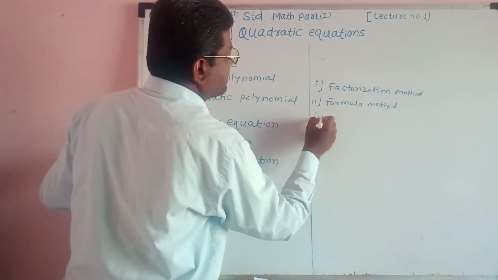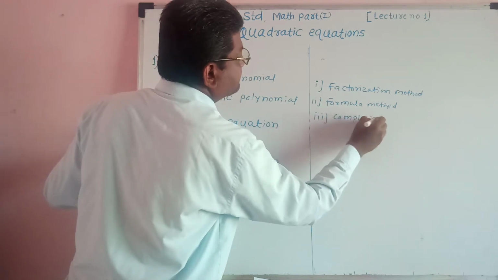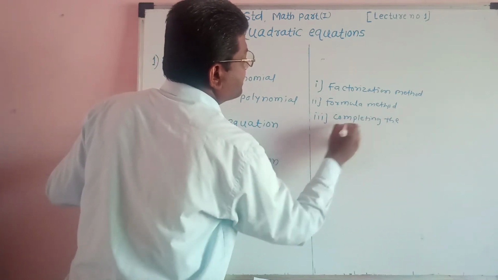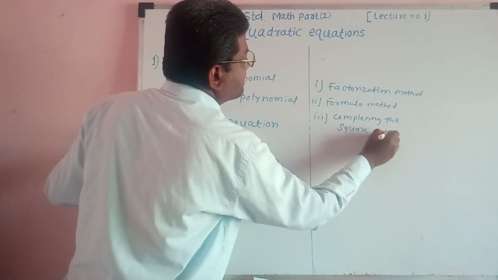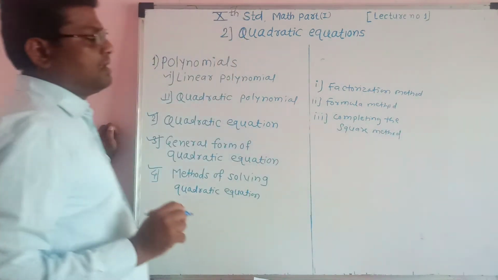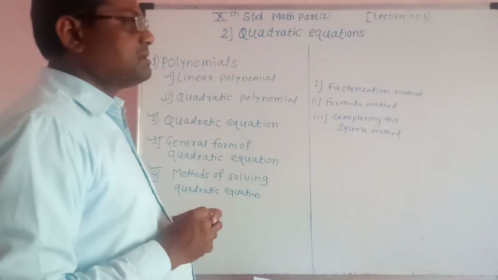Number 3, completing the square method. These are the three methods to solve quadratic equations.